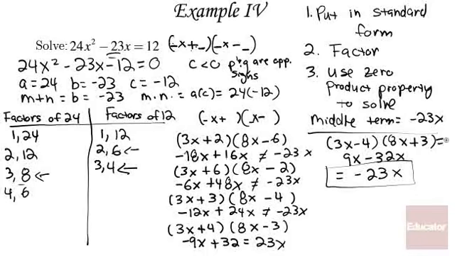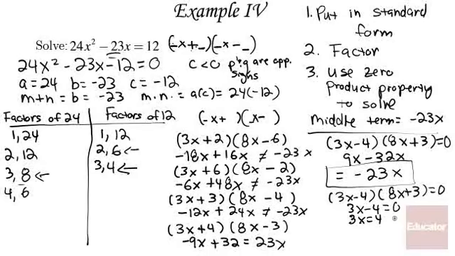Now, I'm not done. This is an equation. These are equal to 0. Remember, the zero product property tells me that if I have a product that equals 0, one of these terms must equal 0. So then I can go ahead and solve 3x minus 4 equals 0, which is going to give me 3x equals 4, and that is x equals 4/3.